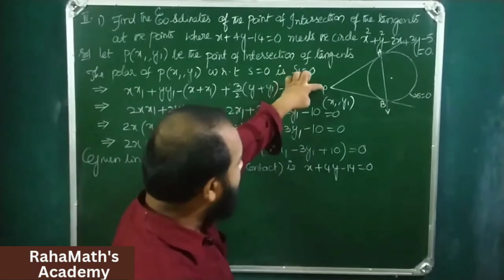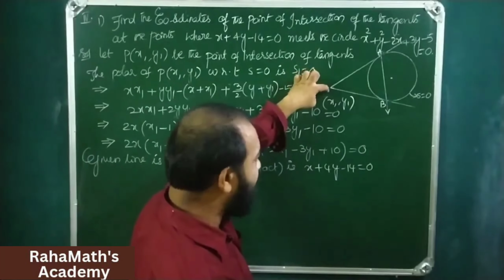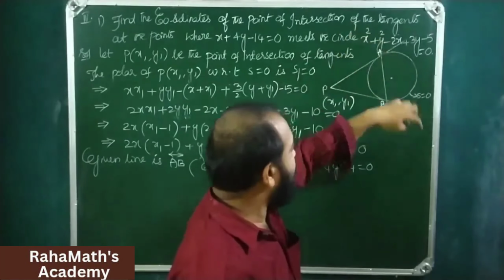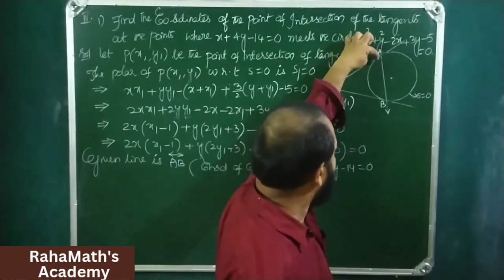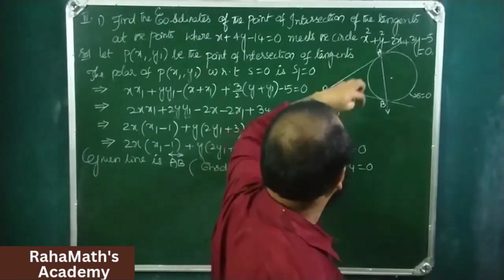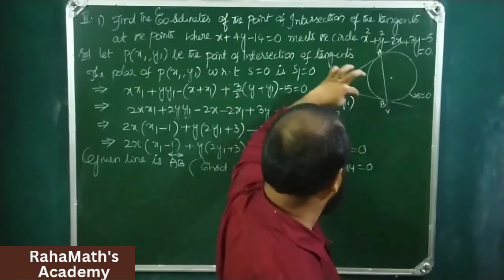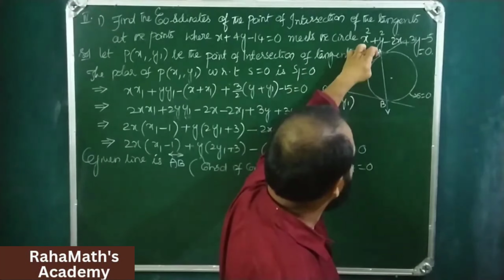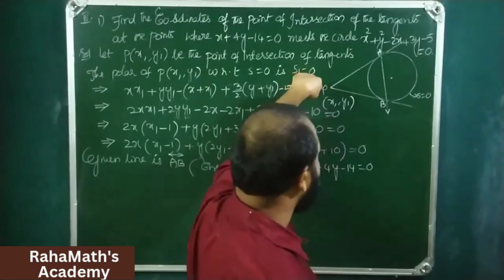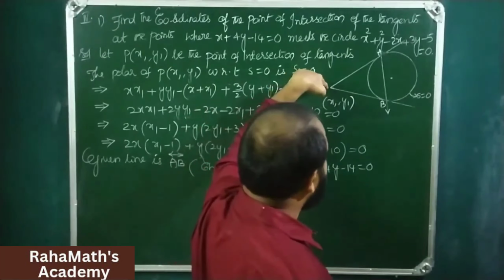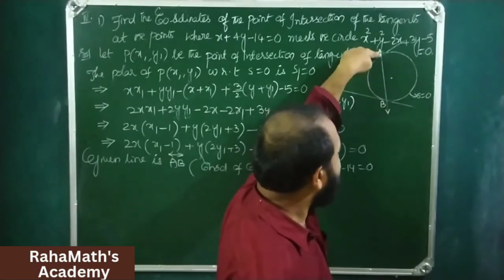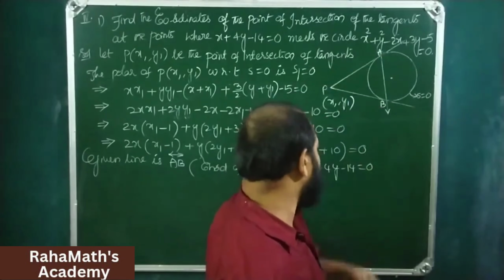If the point P lies outside the circle, the polar is the chord of contact. So the line AB is the chord of contact, and otherwise it is a polar also. If P lies outside the circle, the polar cuts the circle in two distinct points, so the chord of contact equals the polar.